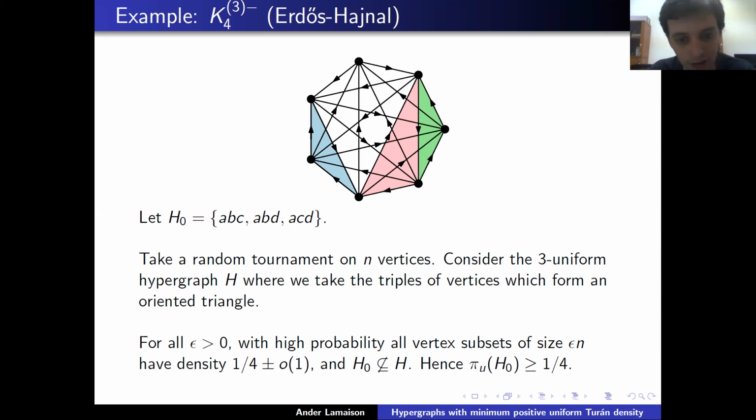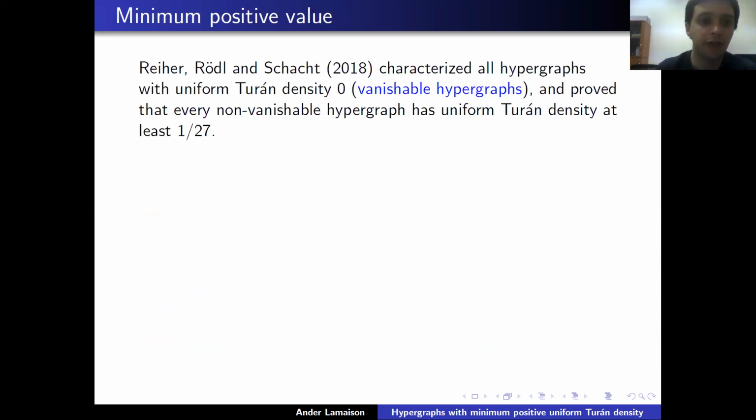So some other things in terms of what was known about this parameter before we came in. Reiher, Rödl and Schacht characterized which hypergraphs have uniform Turán density 0. It is a characterization that I am going to show you later.